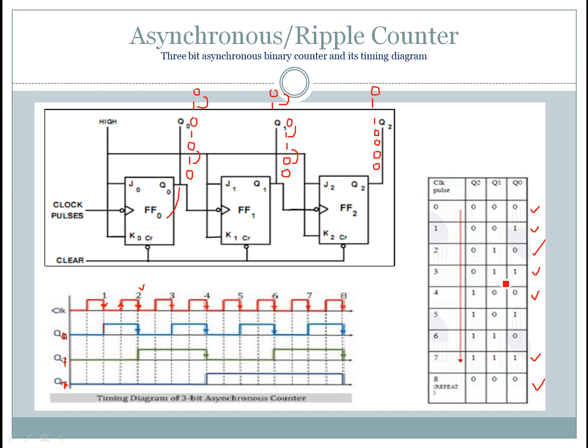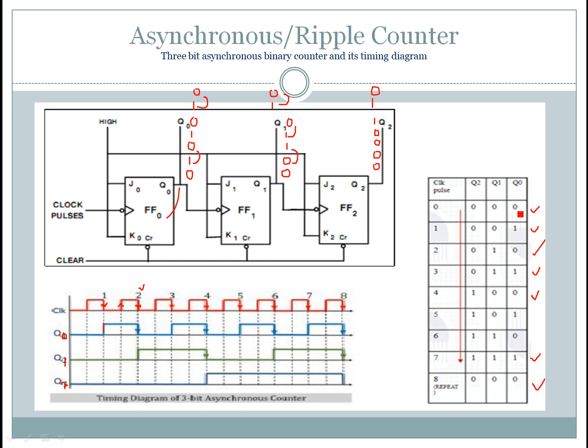So from here it repeats its count values. So this is how the 3-bit asynchronous up counter works.